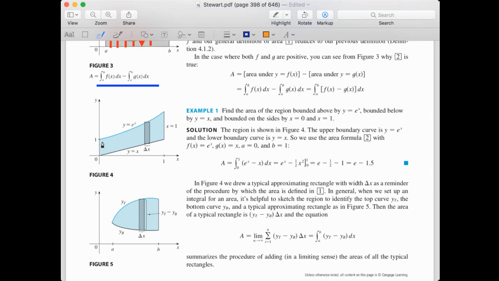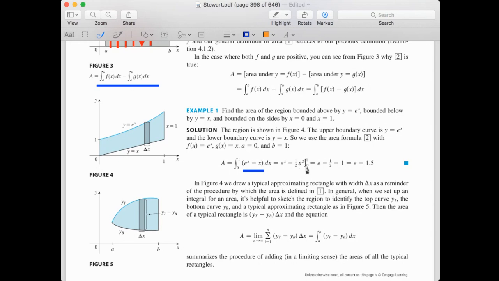So we just set up the integral, from 0 to 1, the top function e to the x minus the bottom function, just x. So the integral is e to the x minus x, dx. Then we integrate. Integration of e to the x is still e to the x, itself. Integration of negative x is negative half x squared.